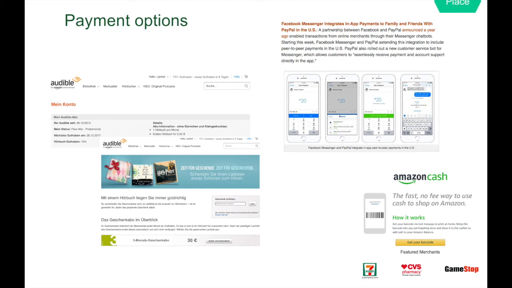Audible is actually a company of Amazon, an online company that offers books that you can listen to. What they allow is that you pay a monthly subscription fee, and with this monthly subscription fee, you have the right to download, let's call it, a certain number of books.